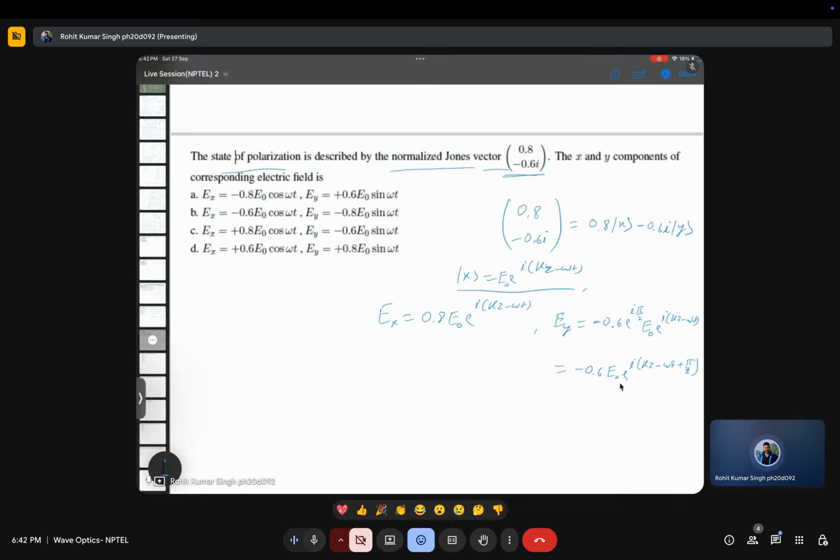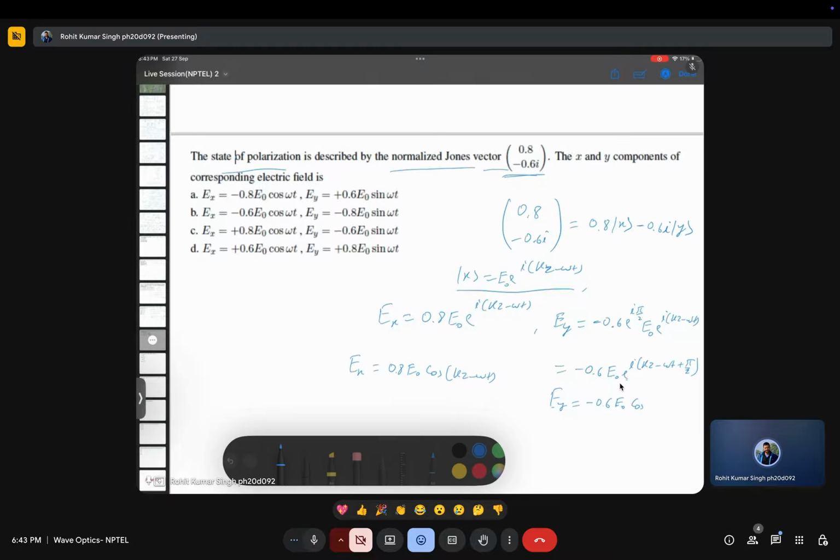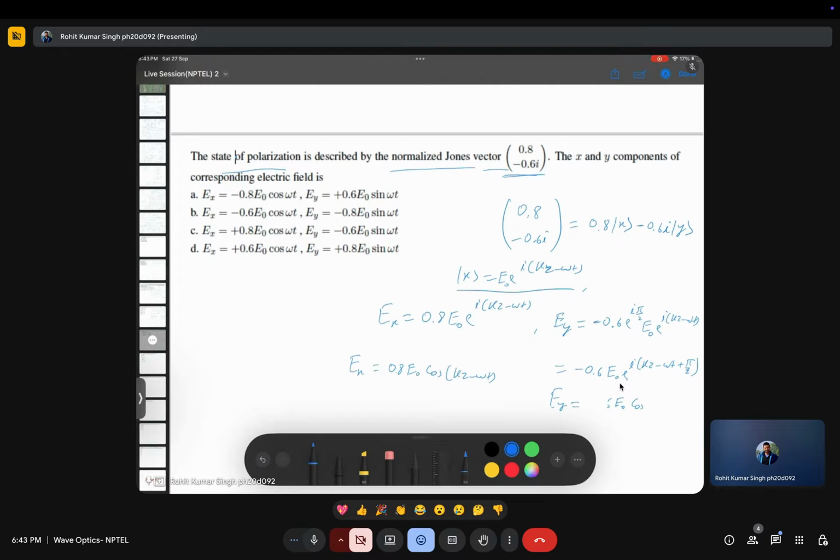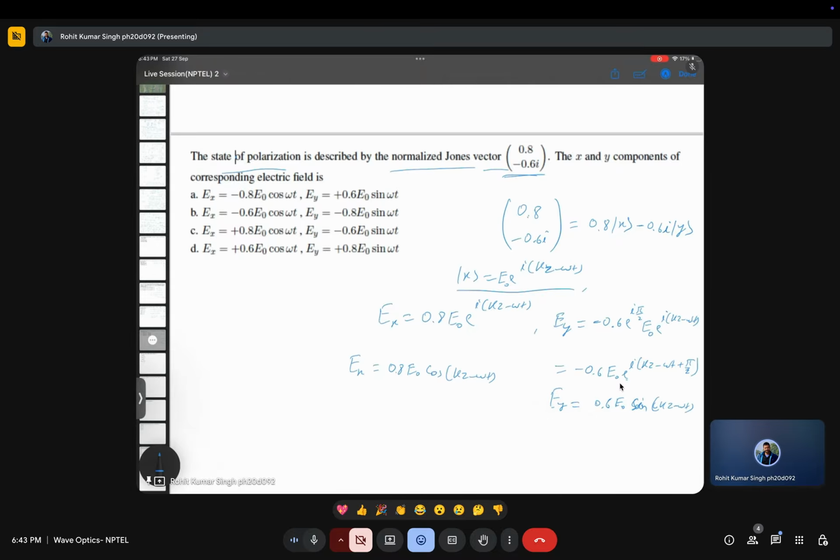And then when you convert it into cos, this one will be 0.8 E naught cos of kz minus omega t, and this will be E naught. So cos will now become sine or minus sine, shifting pi by 2. So minus minus plus sine kz minus omega t. Is it okay?